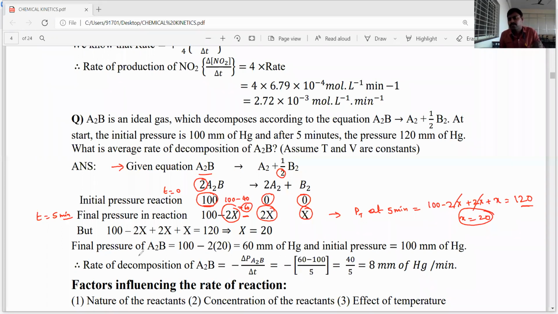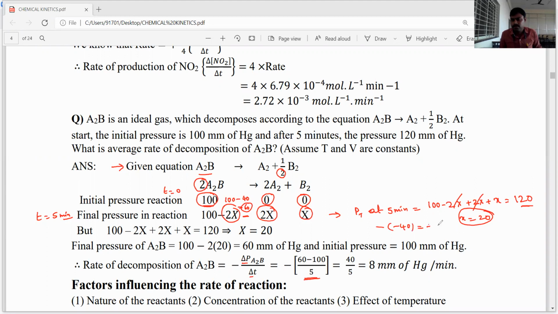The rate of decomposition of A2B in terms of pressure is equal to delta P of A2B by delta T. The pressure change, final pressure minus initial pressure, is minus of 60 minus 100 by 5, which is minus of minus 40, nothing but plus 40.